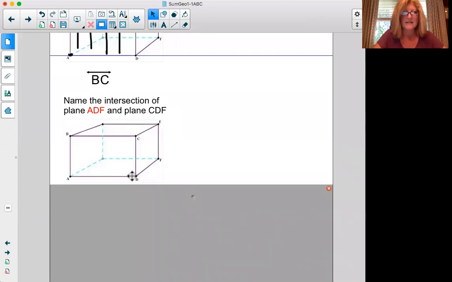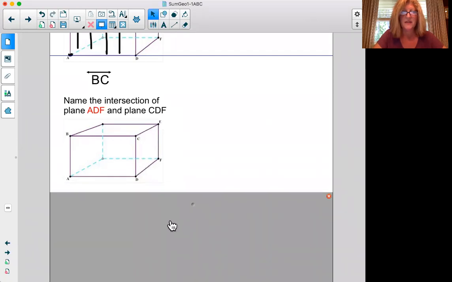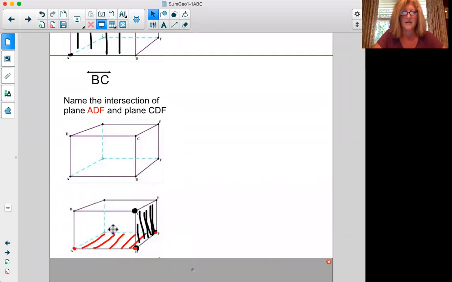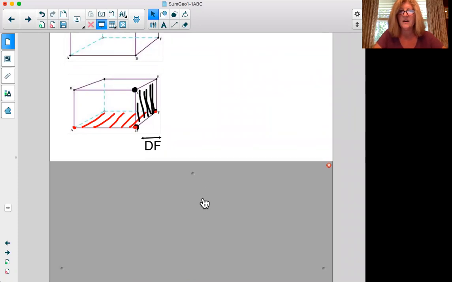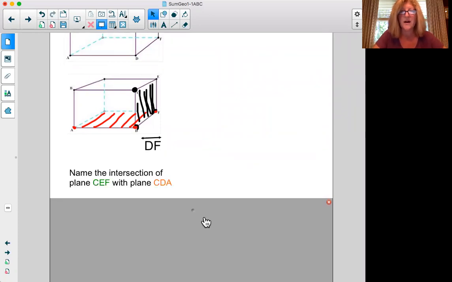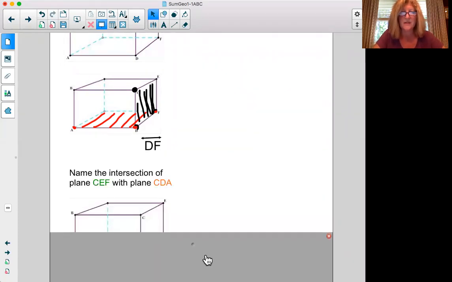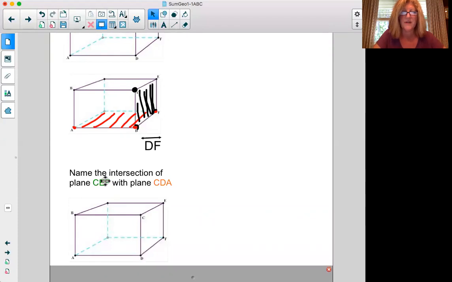So ADF is on the bottom, and CDF is on the side. The side and the bottom planes intersect in this edge, DF. Okay, let's do one more practice. Using the same cube, let's find where plane CEF intersects with plane CDA.